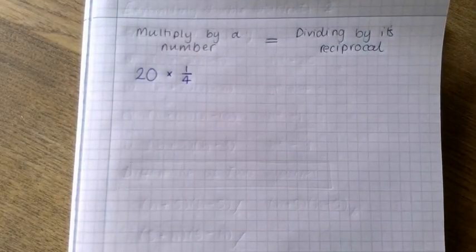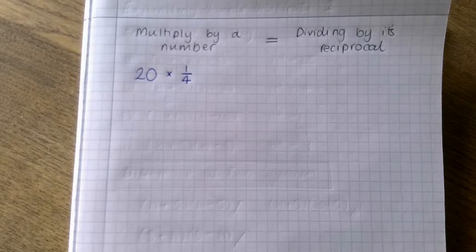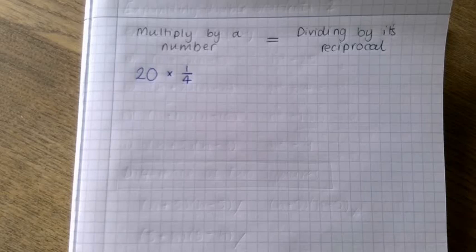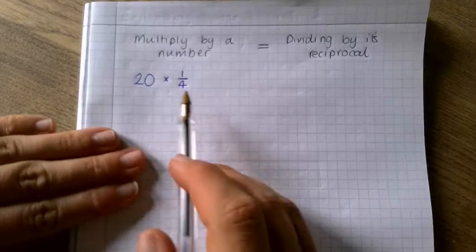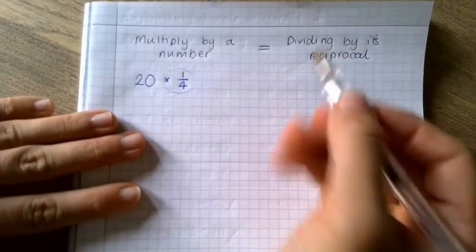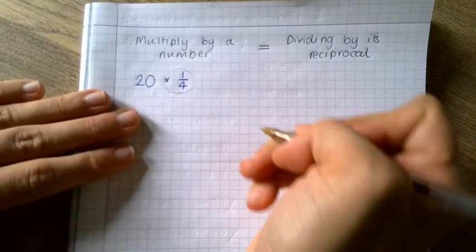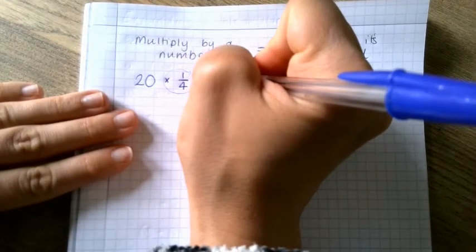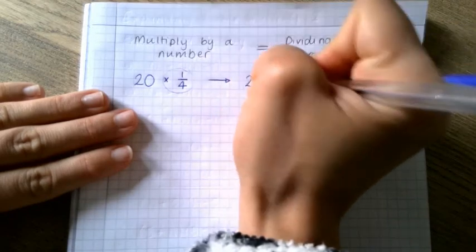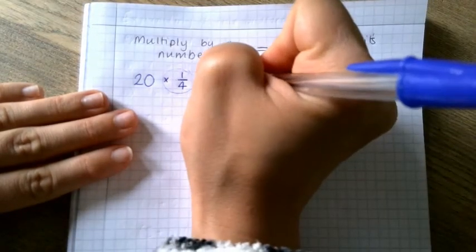you might be thinking, oh, that's quite hard. Or maybe not that that's hard, but you might be thinking, I can use reciprocals to make this a little bit easier for myself, because multiplying by a number is the same as dividing by its reciprocal. So instead of doing 20 multiplied by a quarter, I can do 20. In fact, I'm not even going to use an arrow here.